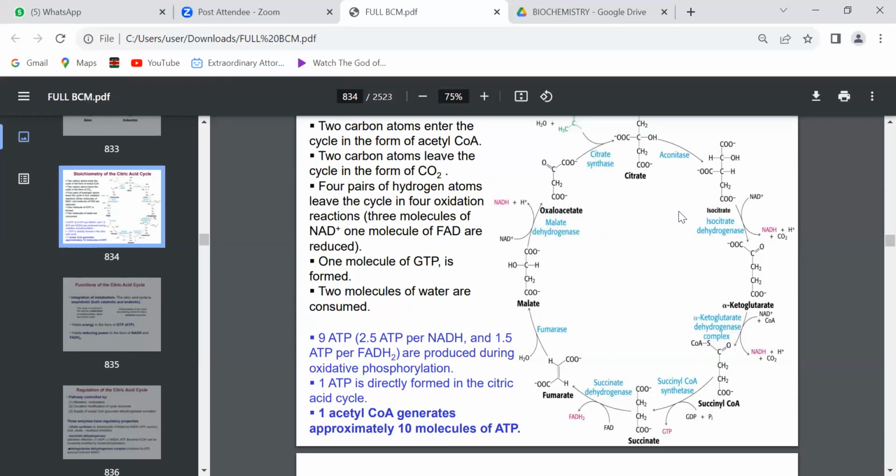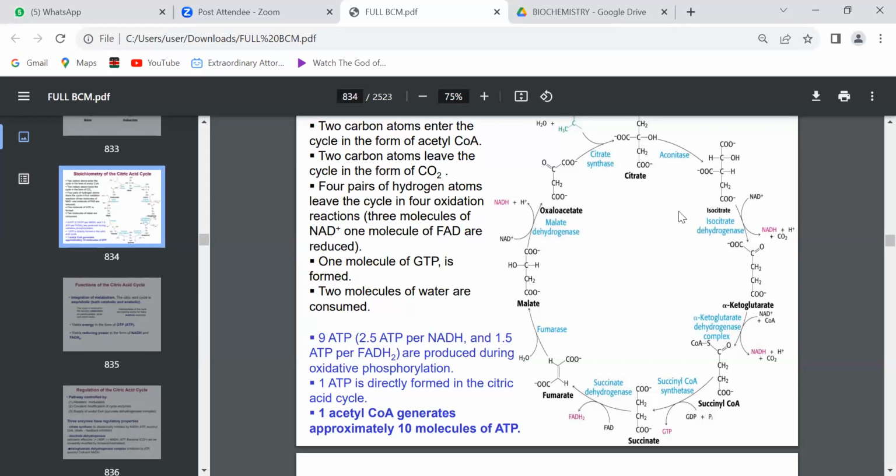If we are producing energy, the 10 molecules of ATP, and ATP builds up, it binds to alpha ketoglutarate dehydrogenase and inhibits that reaction, which stalls the whole cycle.